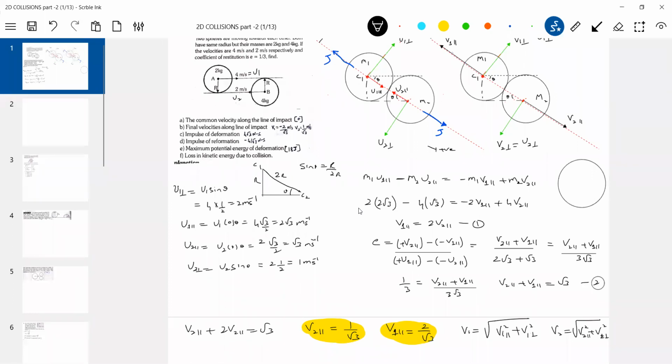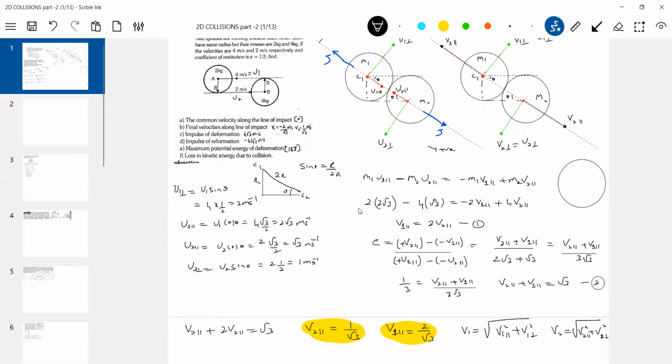Is that okay now? So we have 1 by root 3 for V2, and V1 is 2 by root 3, which means opposite to that one. That's the meaning of that. And V1 perpendicular we already know, it should be called U1 perpendicular. So using this, I'll get the speed of the colliding objects. I think the major part of the problem is over.